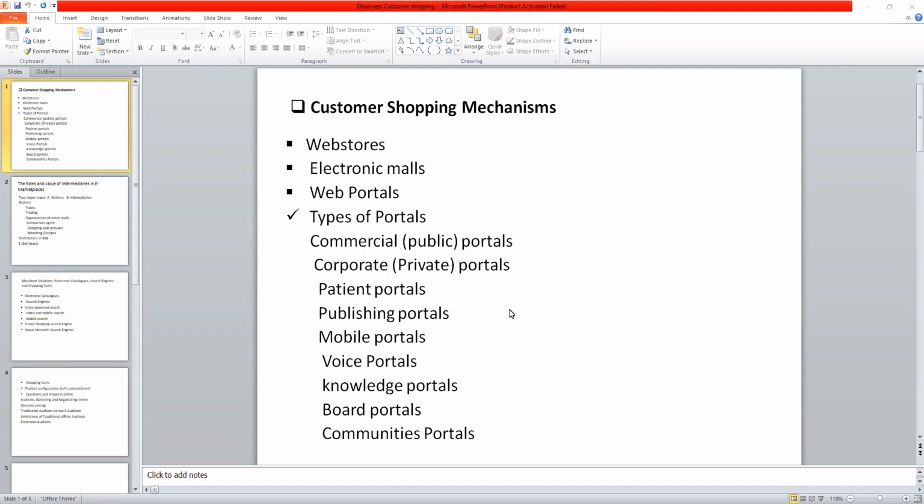Here, in this case, a customer thinks of visiting the web portal or the web store or the electronic mall, whatever it is. Here, there are different options available for the customers through the e-commerce mode of shopping.